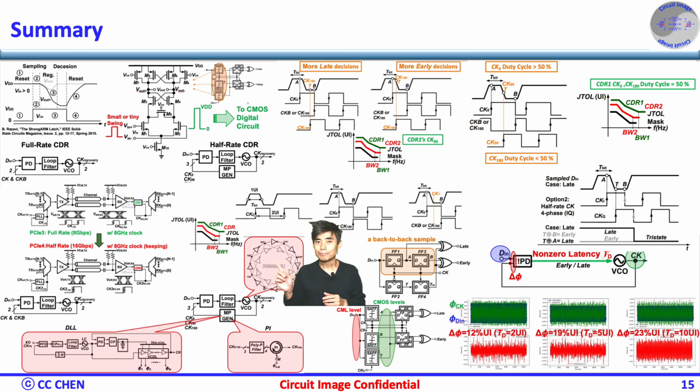Fifth, the lower latency of the full-rate could even improve the CDR stability and J-tau at the same time. Sixth, the full-rate CDR is easier to keep a good phase accuracy, only differential, than the half-rate, and the full-rate CDR would have a lower bit error rate, hunting jitter, and a greater J-tau than the half-rate. Lastly, starting with the full-rate CDR can scale to a double rate, but keep the same clock rate in a half-rate migration.